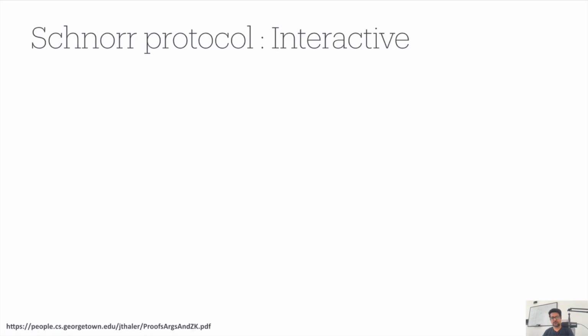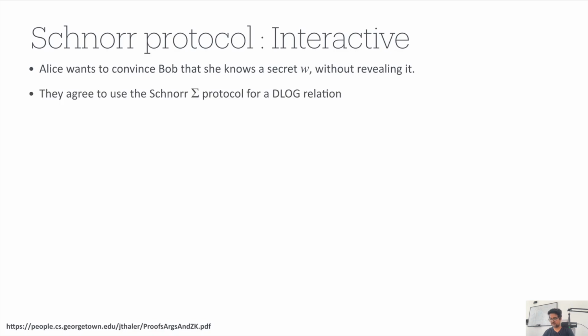So let's take a quick look at how to turn, for example, the Schnorr protocol, which is an interactive form, into a non-interactive form. For this, I'm going to deviate from what we've been talking about and assume discrete log. Alice wants to convince Bob that she knows a secret W without revealing it.